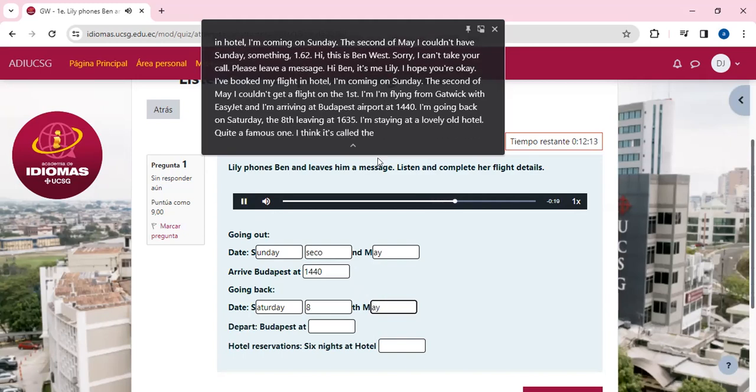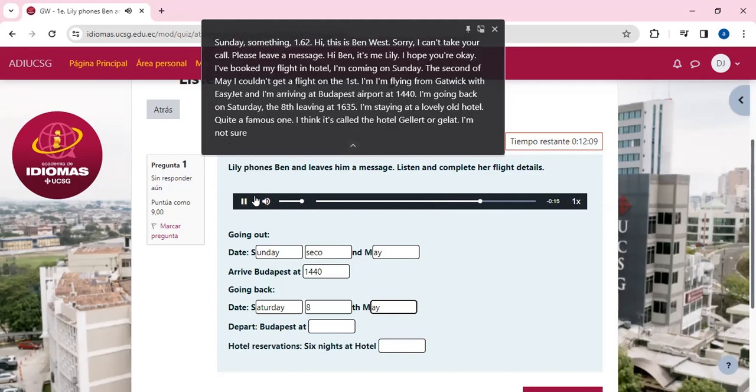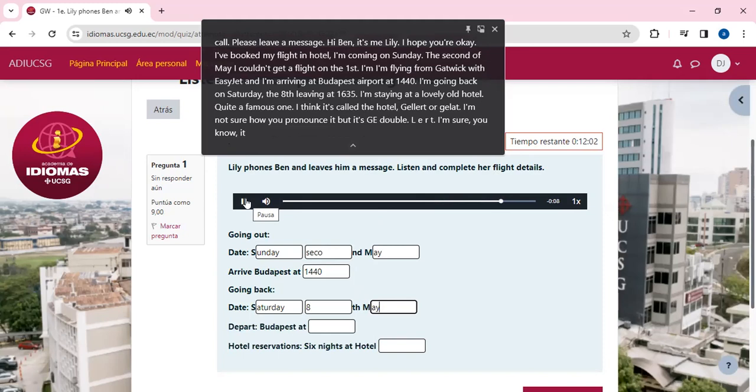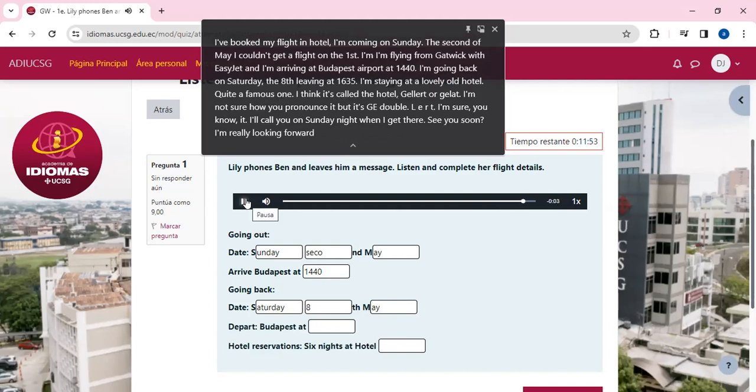It's called the Hotel Gellert or Gellert. I'm not sure how you pronounce it, but it's Gellert. I'm sure you know it. I'll call you on Sunday night when I get there. See you soon. I'm really looking forward to seeing you again.